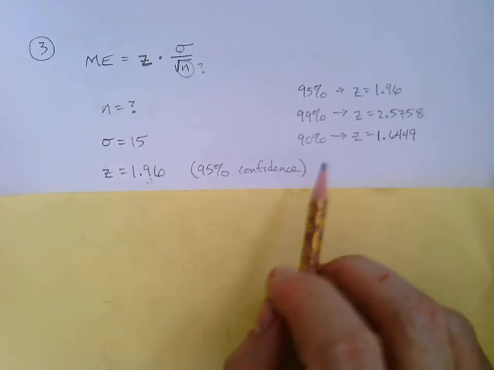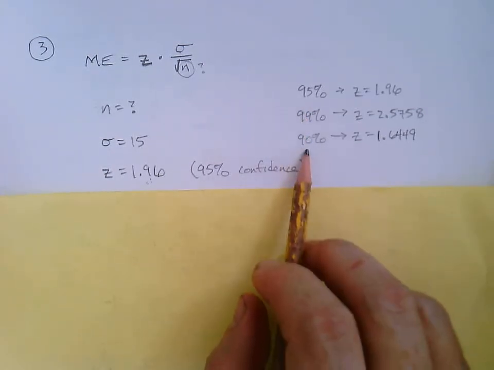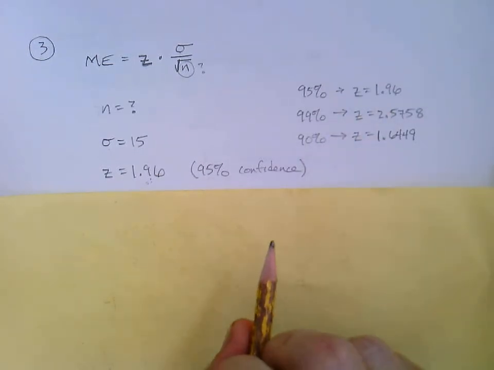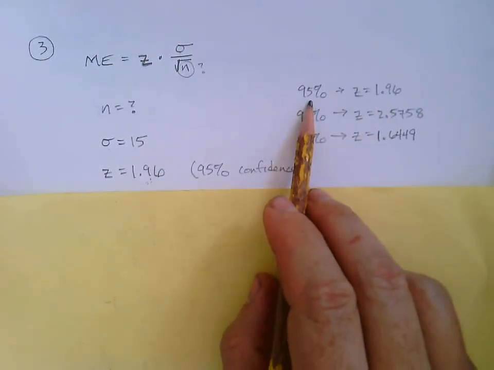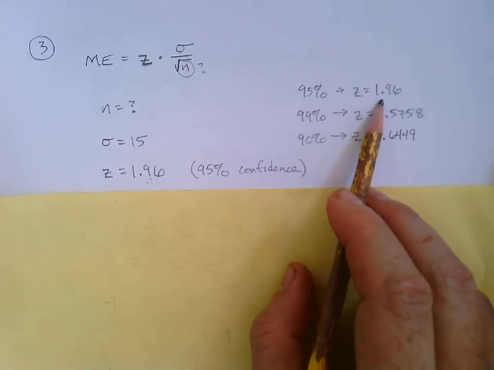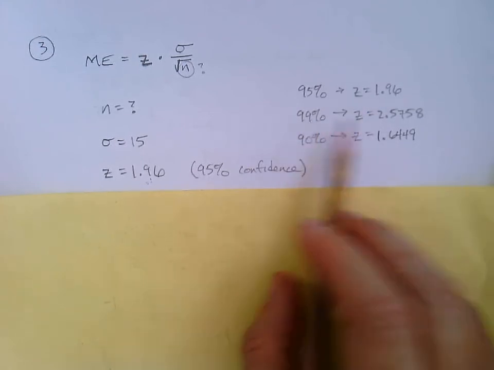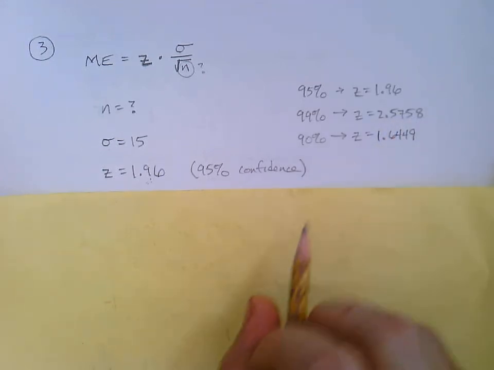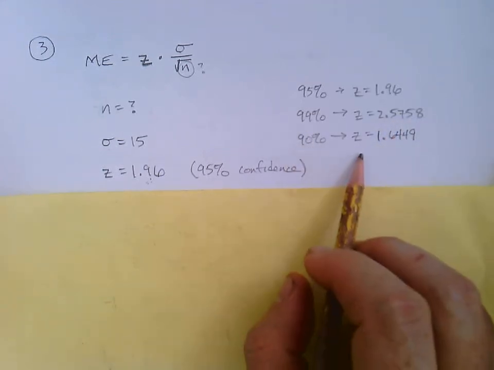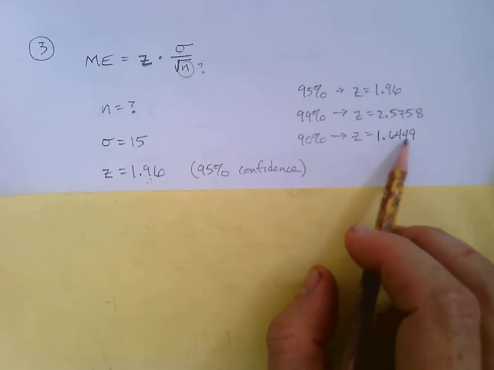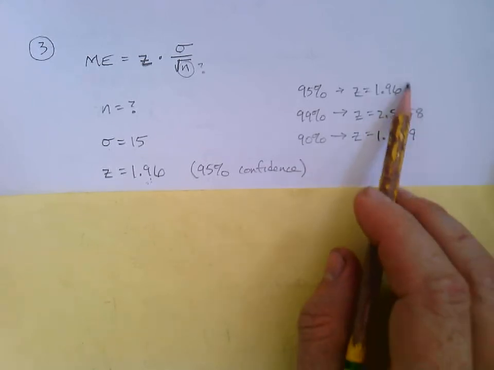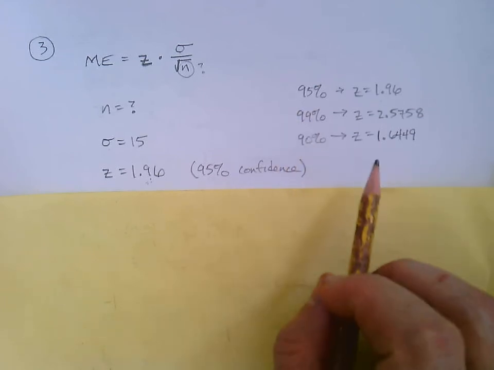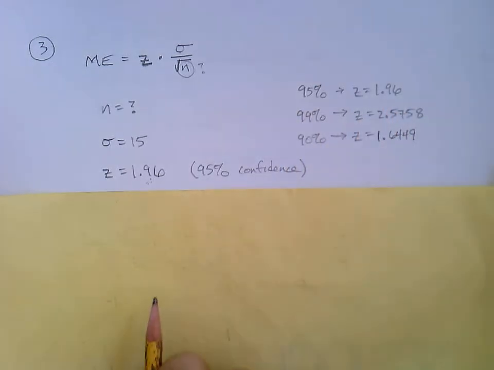And on that note, now that we've done the 95, the 99, and the 90, these are the z-scores that go with each of them. So with 95%, well, okay, we just set it, z equals 1.96. For the 99, remember our z-score was 2.5758. And the 90 that we did just a second ago, z equaled 1.6449. So you're going to be using these confidence intervals, and so these z-scores quite frequently.